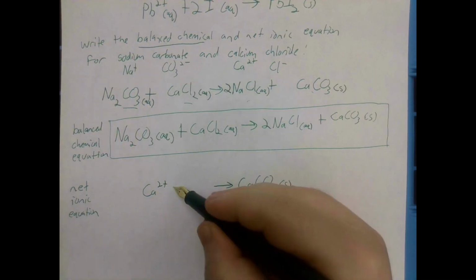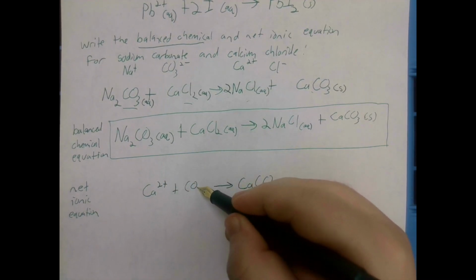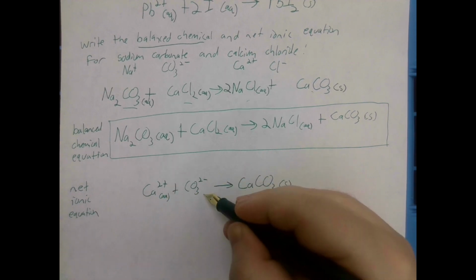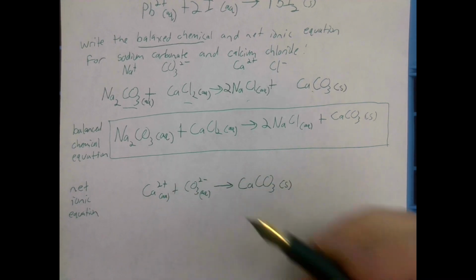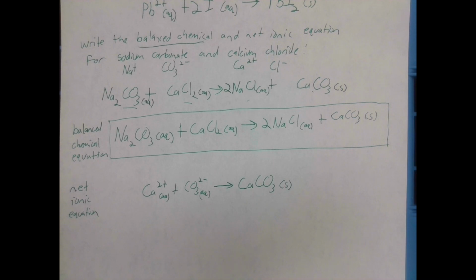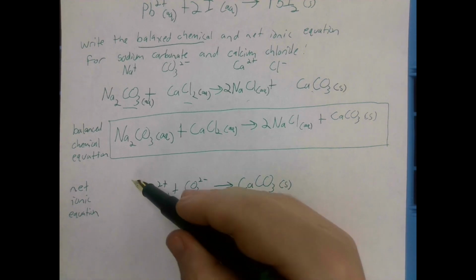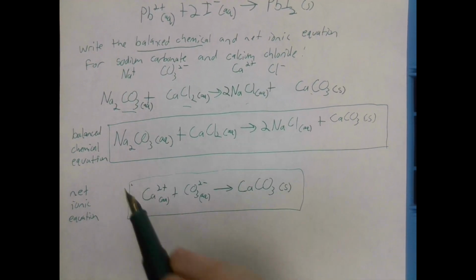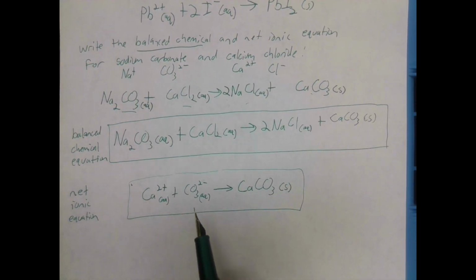Calcium ions and carbonate ions. That's balanced. We just need 1 calcium ion with 1 carbonate ion to make calcium carbonate.